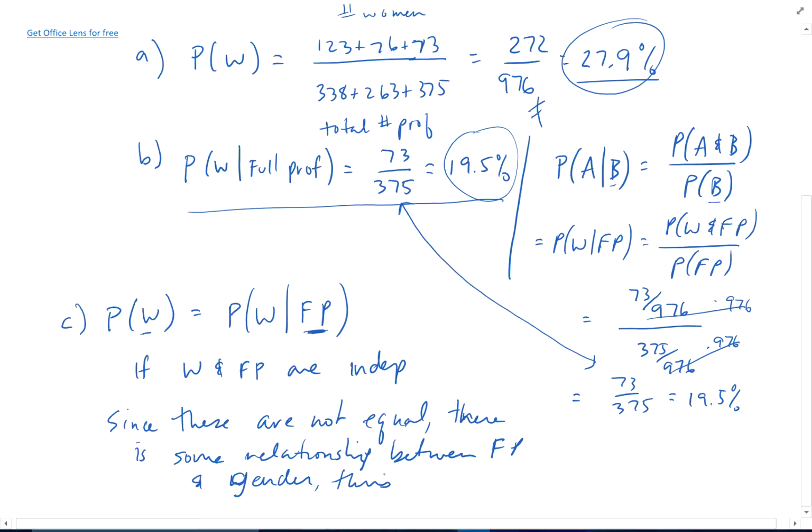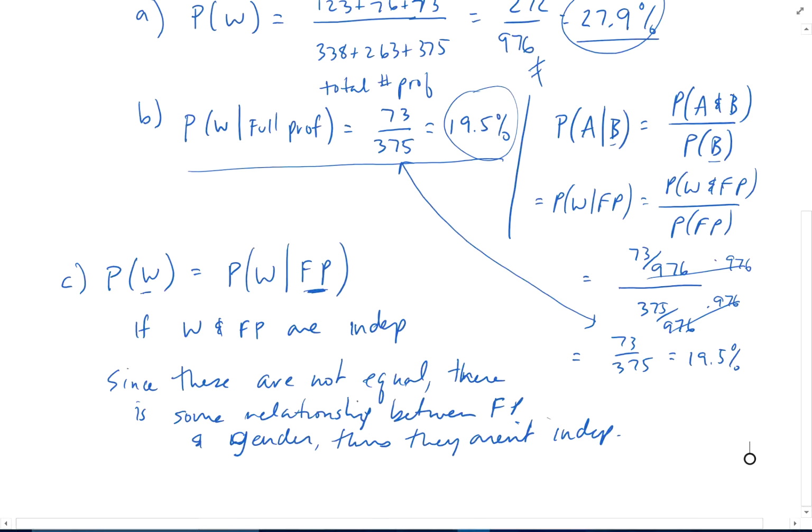Thus, they aren't independent. Okay, does that make sense? All right, just to recap, because if they were independent, if one didn't affect the other, then it wouldn't matter if I knew they were a full professor. These two probabilities would be the same. Okay, there you go.